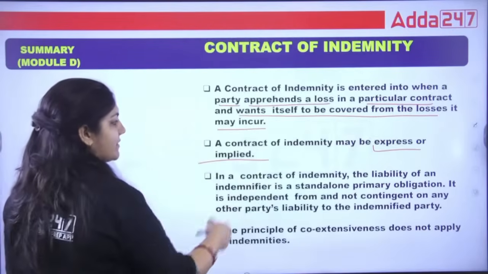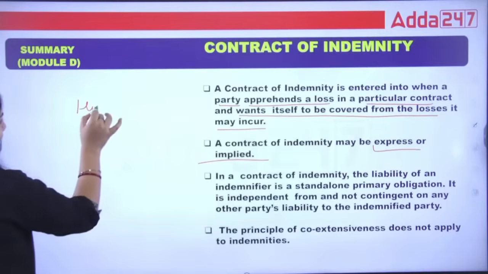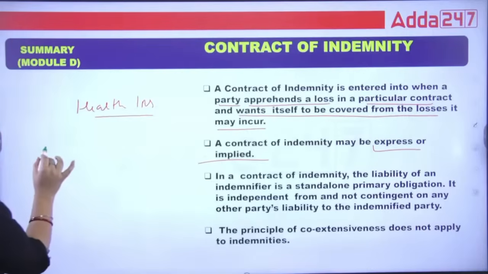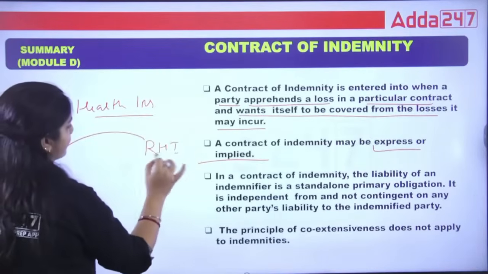In a contract of indemnity, the liability of the indemnifier, see class, is just like your health insurance. In health insurance, suppose person X has taken health insurance from Reliance Health Insurance Company.